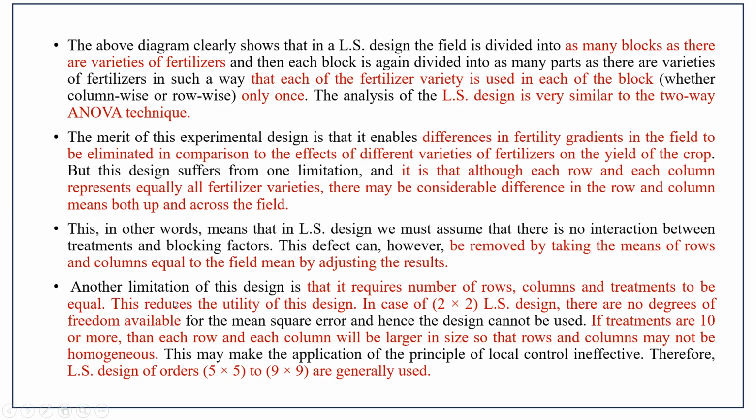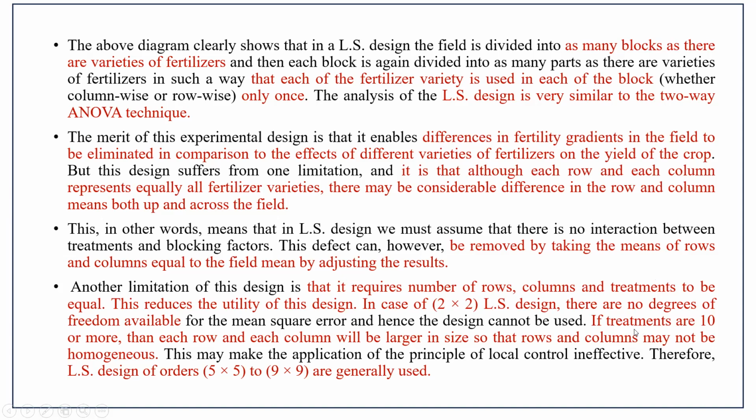Now, another limitation of this design is that it requires the number of rows, columns, and treatments to be equal. Everything should be equal. If it is unequal, in case of 2 into 2, only 2 factors you are taking, rows and columns, or columns and treatments only, then there will be no degrees of freedom available. And thus this design won't be able to work efficiently.